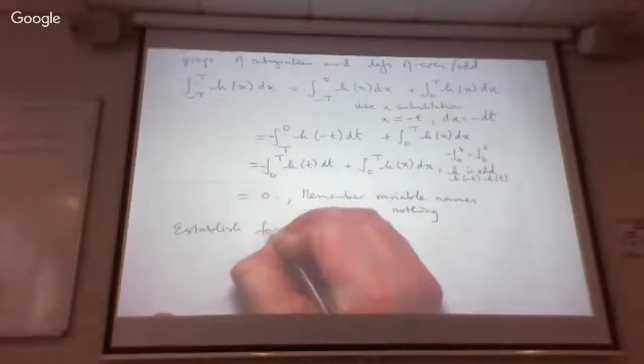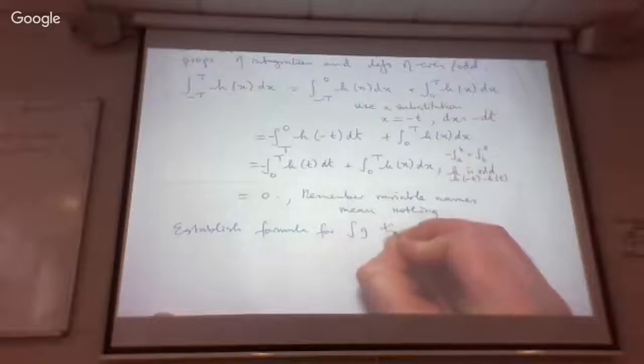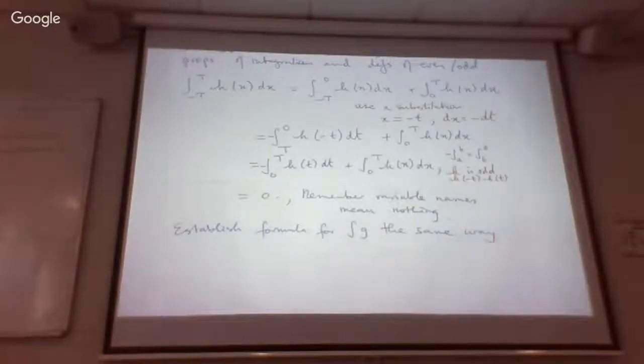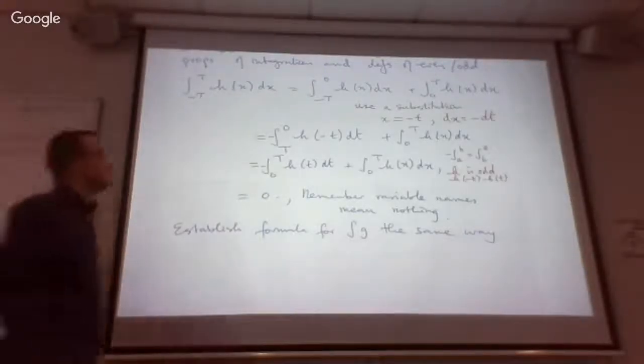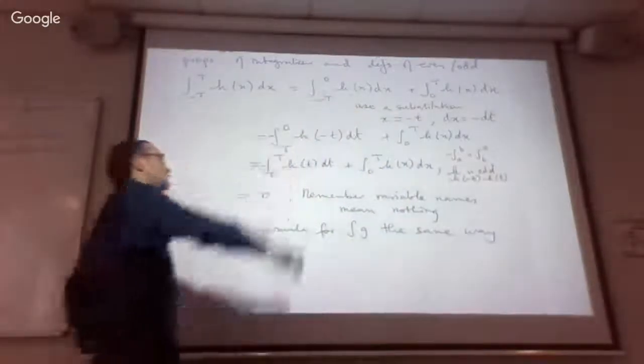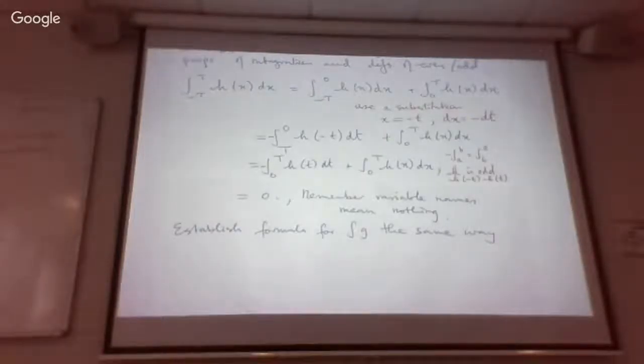You can establish the formula for the integral of g using the same technique, just doing this little substitution, introducing the minus sign into the argument for the integral on the left-hand side to make it comparable to the one on the right-hand side.